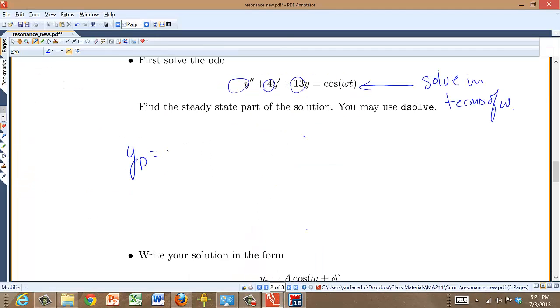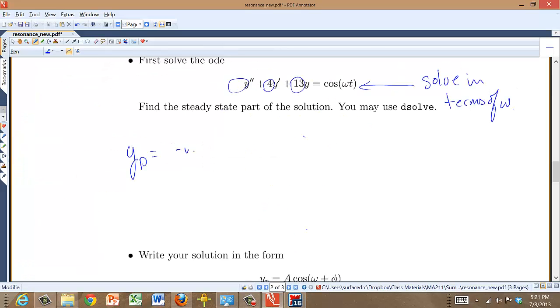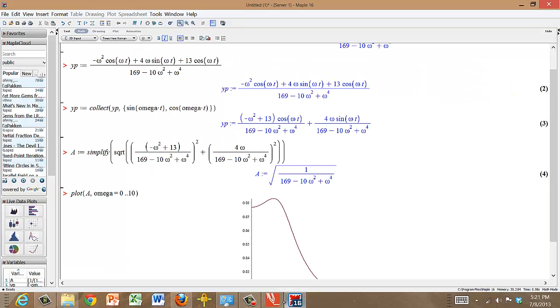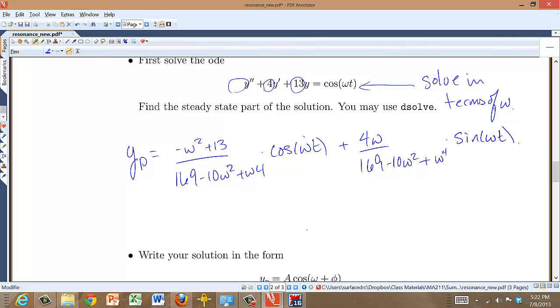Yp is negative omega squared plus 13 divided by 169 minus 10 omega squared plus omega to the fourth, times cosine omega t, plus 4 omega over the same denominator, 169 minus 10 omega squared plus omega to the fourth, times sine omega t.